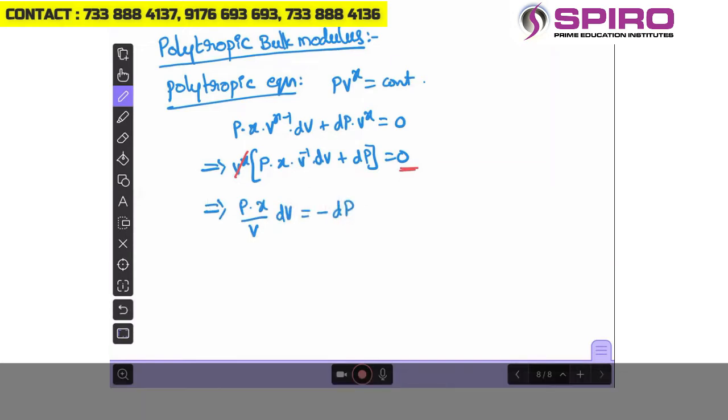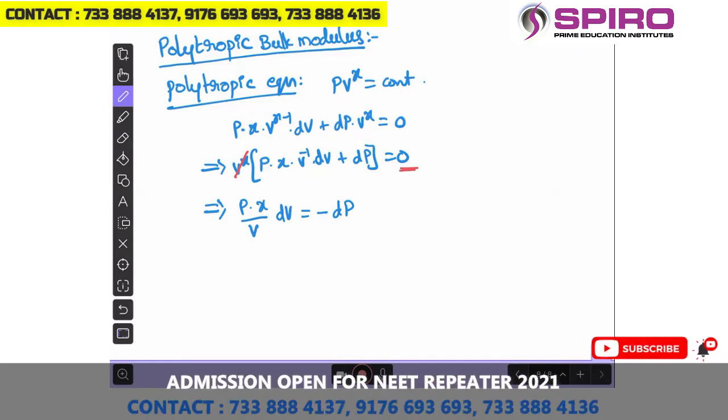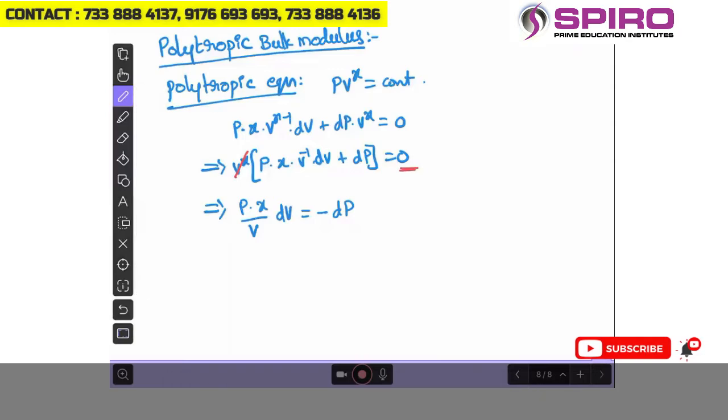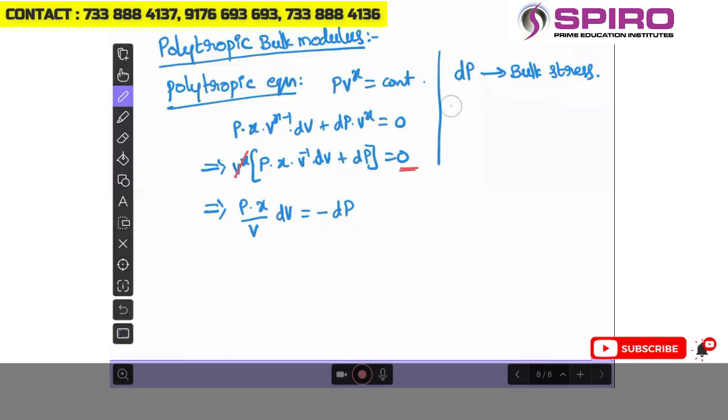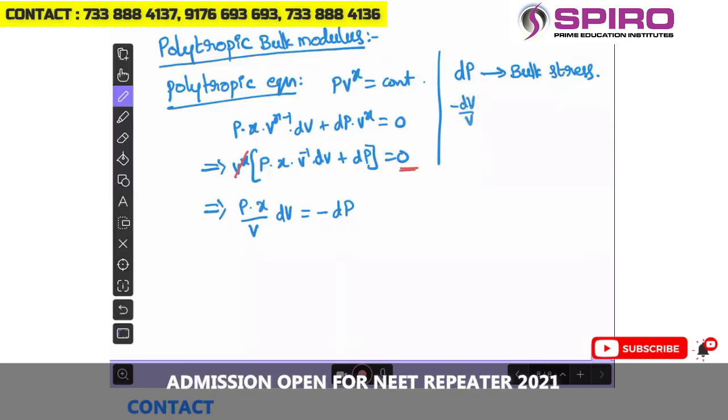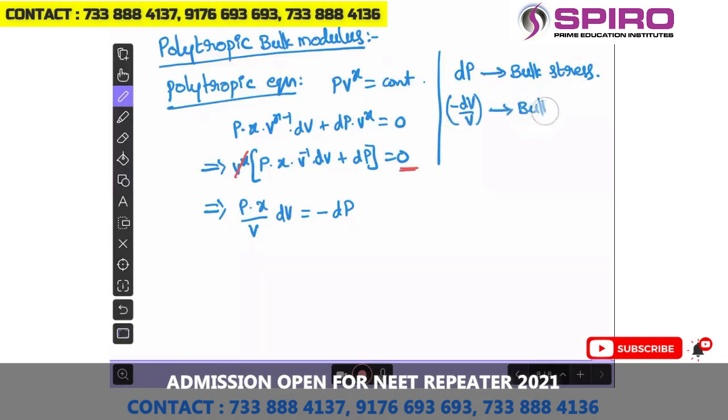What is dp? dp is nothing but bulk stress. Remember, it is the third time we are discussing this. The dp is the change in pressure, which is nothing but the stress. And minus dv by v is nothing but called bulk strain.